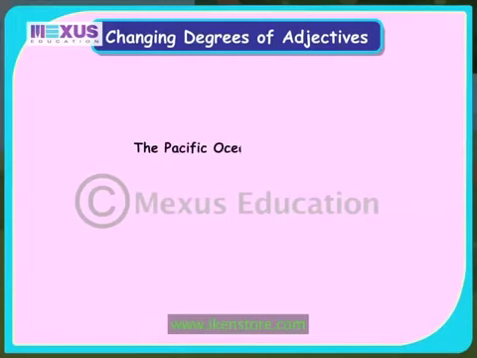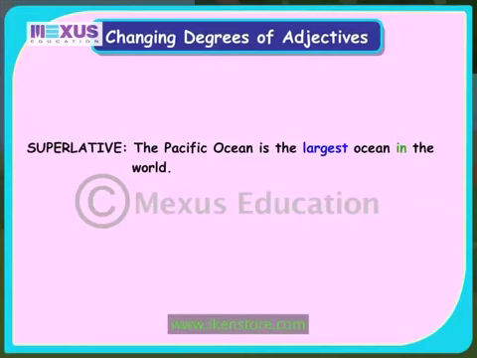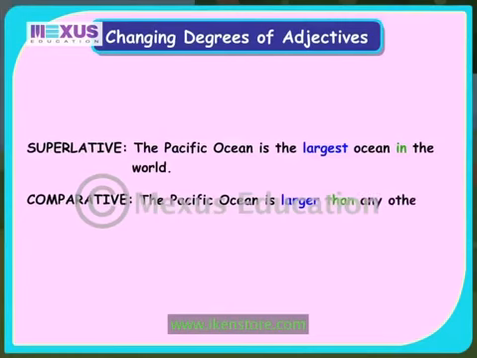The Pacific Ocean is the largest ocean in the world. Here the adjective is in the superlative degree. On changing the adjective to the comparative degree, we get the Pacific Ocean is larger than any other ocean in the world.